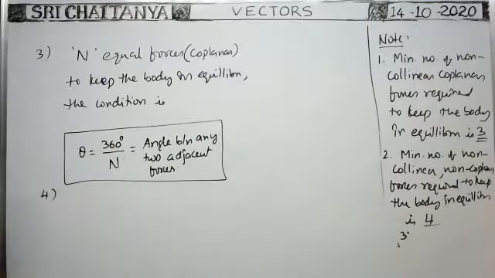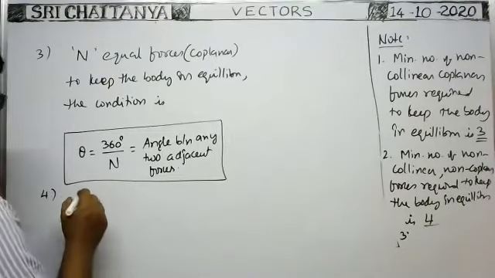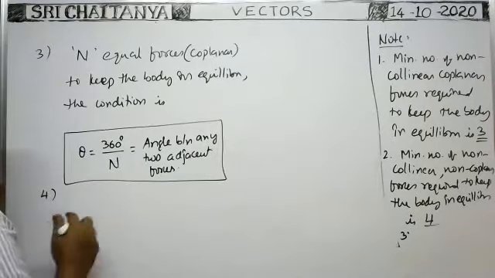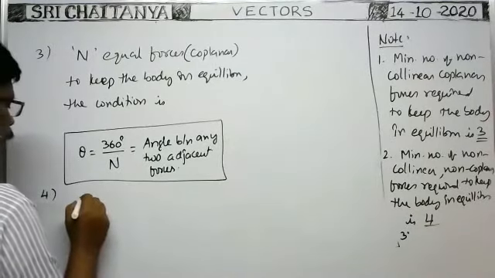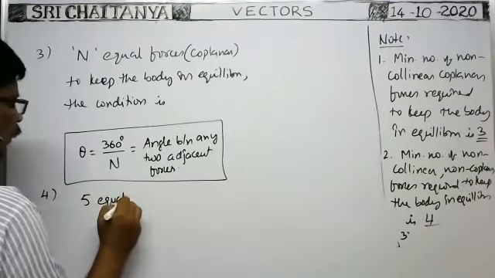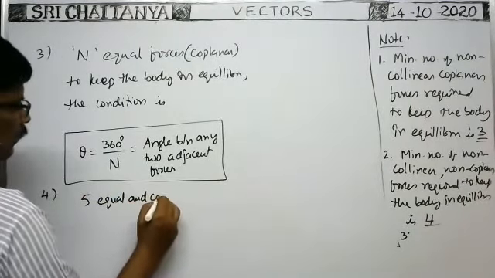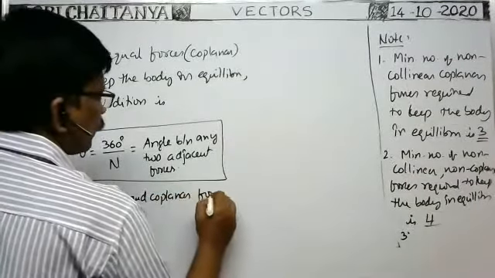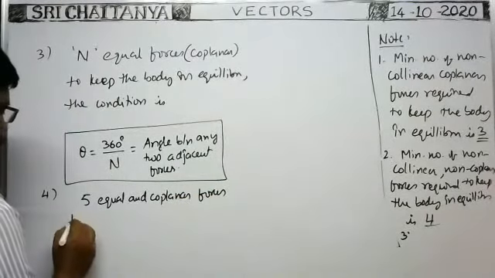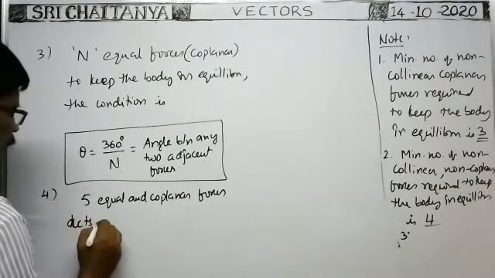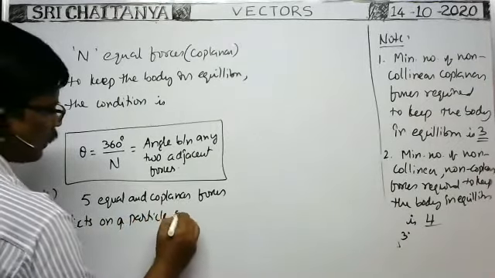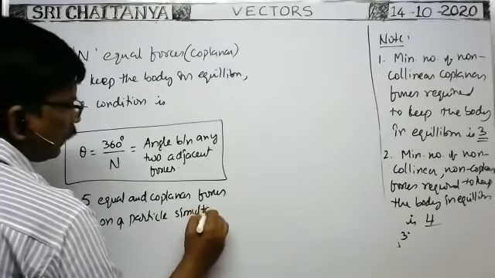Next, it is a very important formula. We have to check whether the given forces follow this condition or not. Suppose here 5 equal and coplanar forces act on a particle simultaneously, which means at a time.